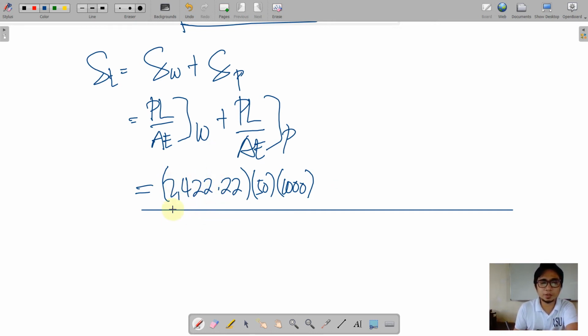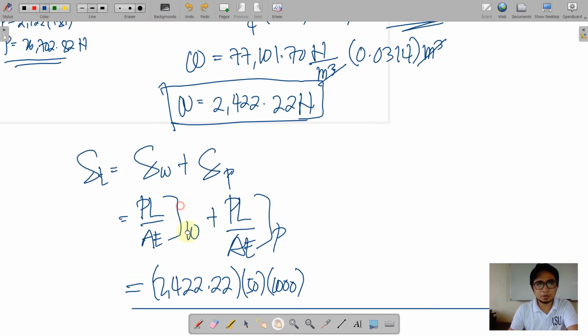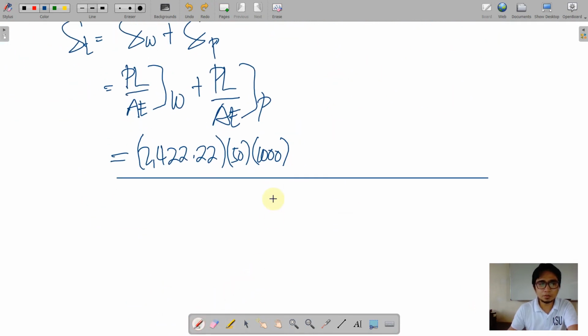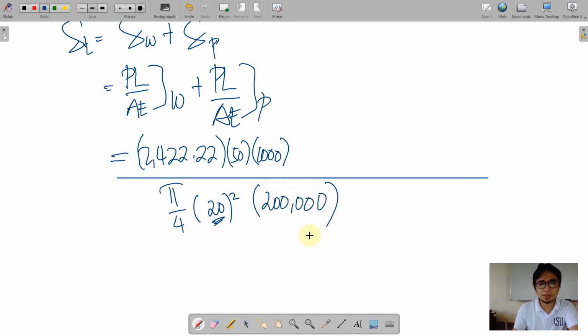So therefore, we'll just merge it into one. So we have here the area, which was already computed. So let me write that again, pi over 4 times 20 squared. This is now in millimeters because all are set in Newton and millimeters. And E is 200,000 megapascals.